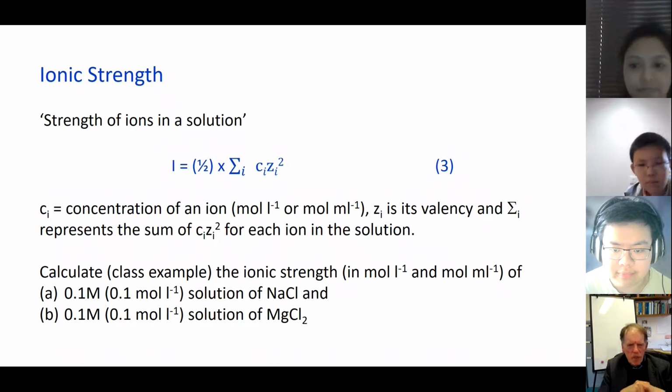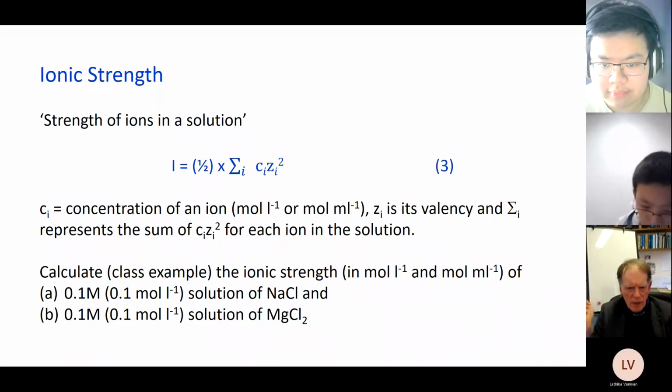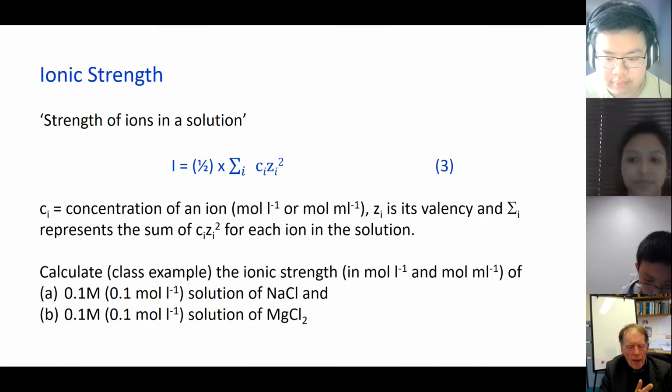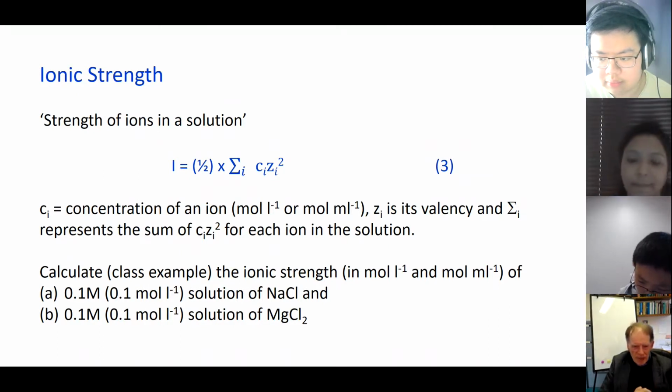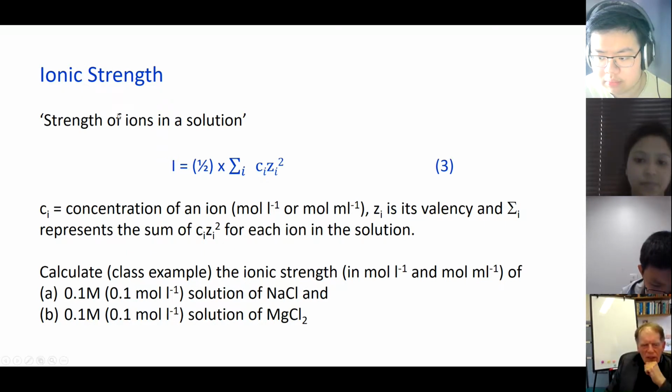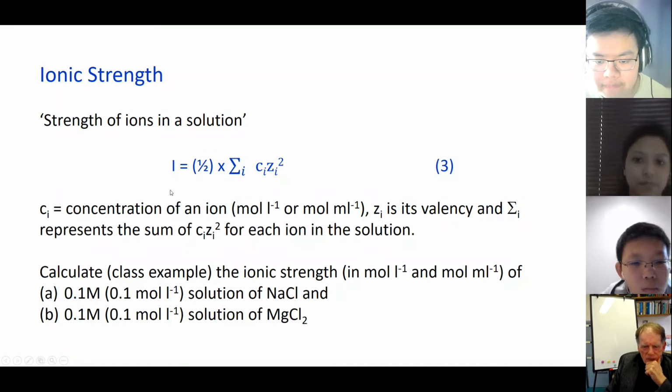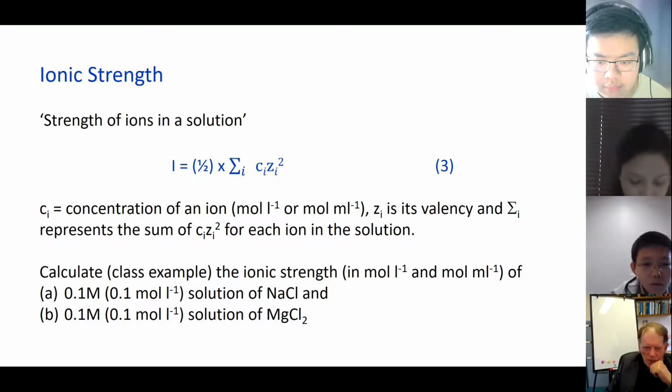Okay, so we just got to cover ionic strength, and then we've just got to cover volumes. So the next concentration related parameter is ionic strength, and this refers to the strength or concentration of ions in solution. So it's specifically to do with ions rather than the concentrations of protein or polysaccharide or whatever.